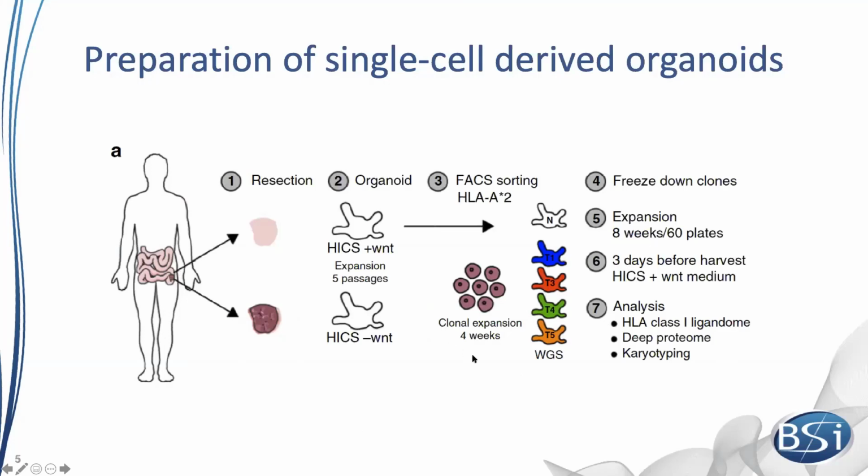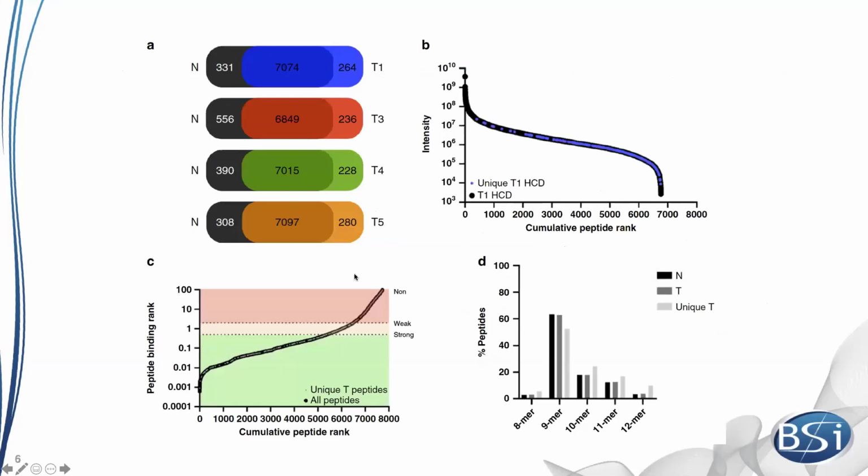They derived 4 distinct clones from the tumor and expanded these into organoids, as well as expanding the normal healthy colon tissue into an organoid, and then purified out the HLA class 1 complexes and eluted the bound peptides for MS analysis. All the peptides that they identified in their database search were then compared between tumor samples and normal samples.